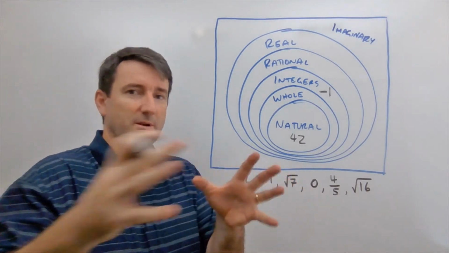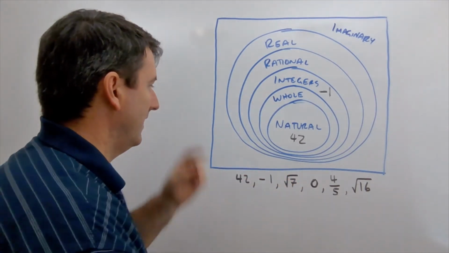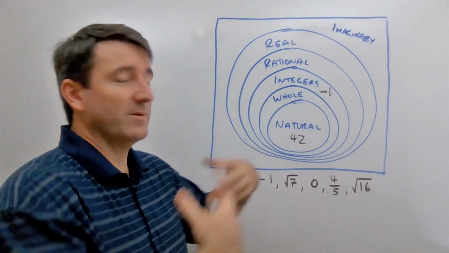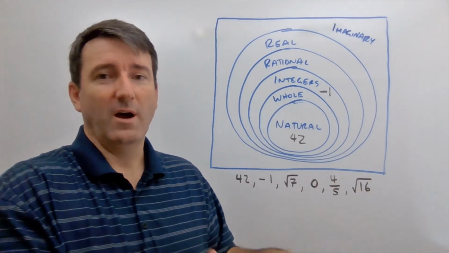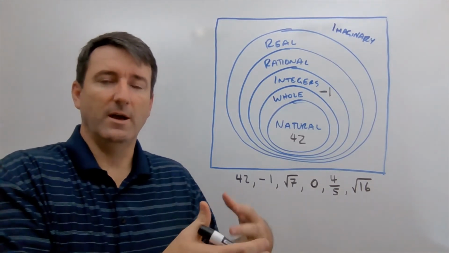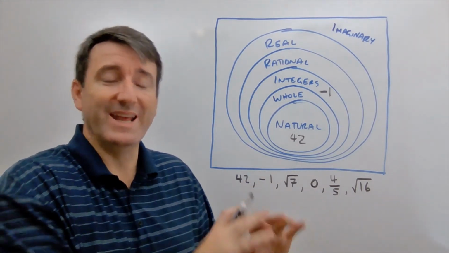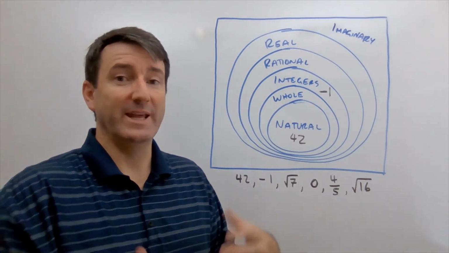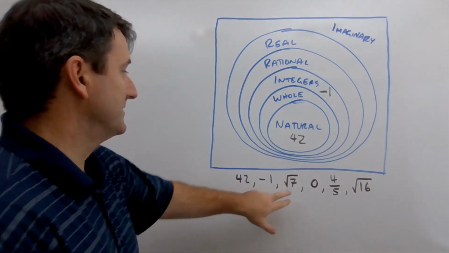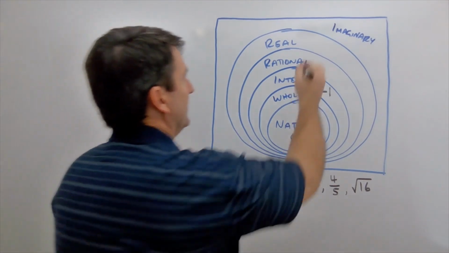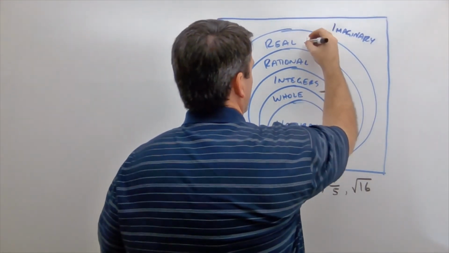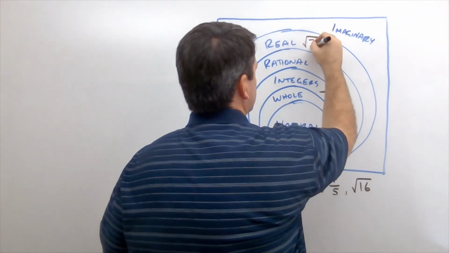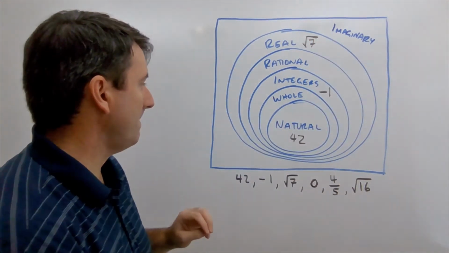The numbers that are the square of a whole number, the perfect squares, the square root of those numbers are going to be obviously rational numbers. But any other number, if you try to take the square root, it's going to give you an irrational number. And so the square root of 7 is going to be up here in the real numbers. So the square root of 7 goes up there.